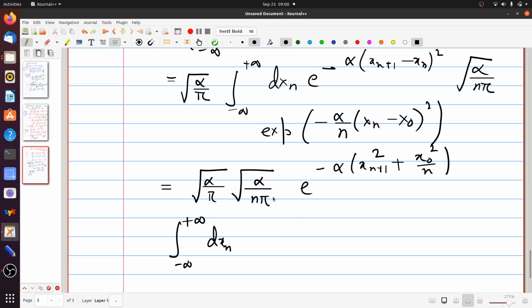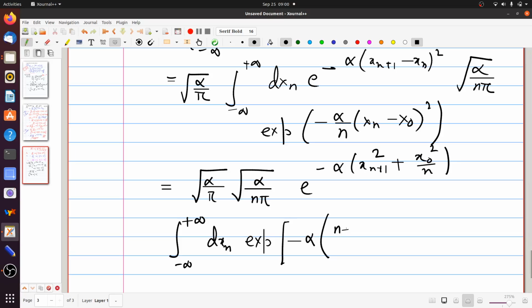dxn. Now once again, rather carefully, let's collect all the terms together. You get an xn square from here and an xn square by n from here.